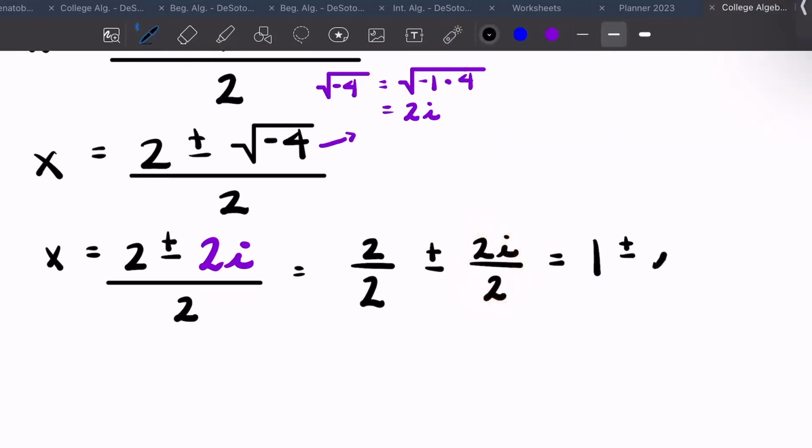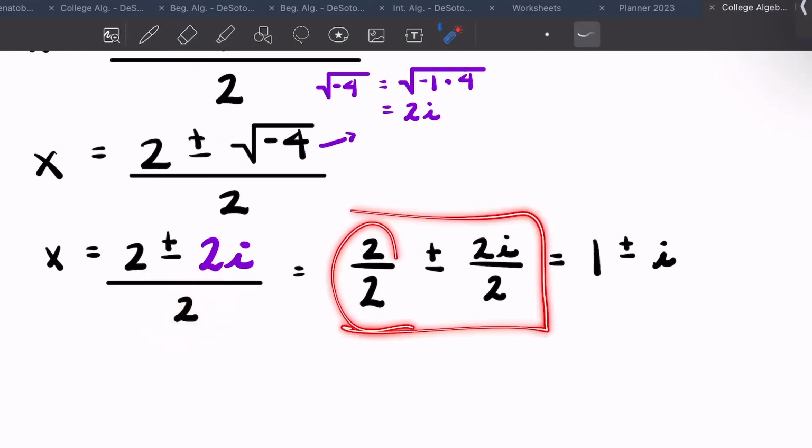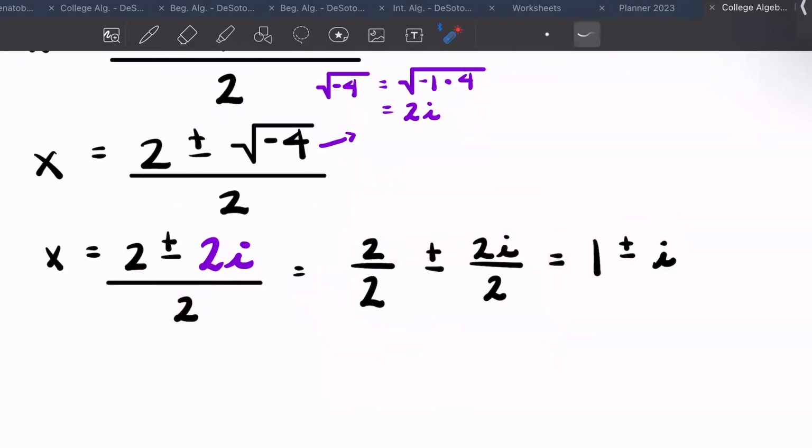So I just have 1 plus or minus i as my answer. This was over one number, so I can split it up. I can write it like this, and it'd be the same thing. It'd be equivalent. All right. So my answer is 1 plus or minus i.